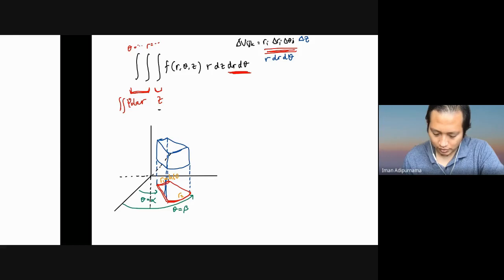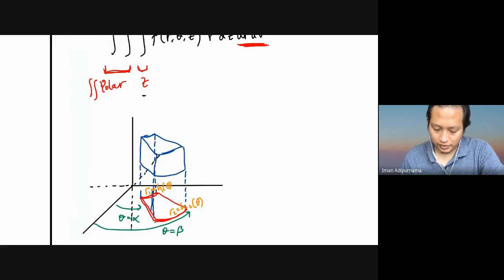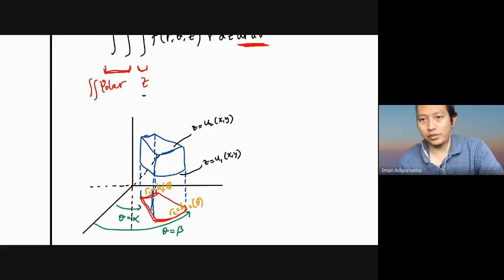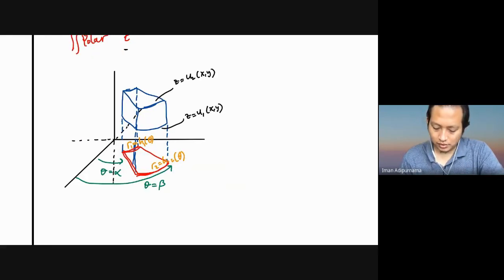Let's say r1 is h1 theta, and r2 is h2 theta. And z itself is a function having two surfaces, lower and upper, with two variables. So this polar part here is the area, and this is the height.